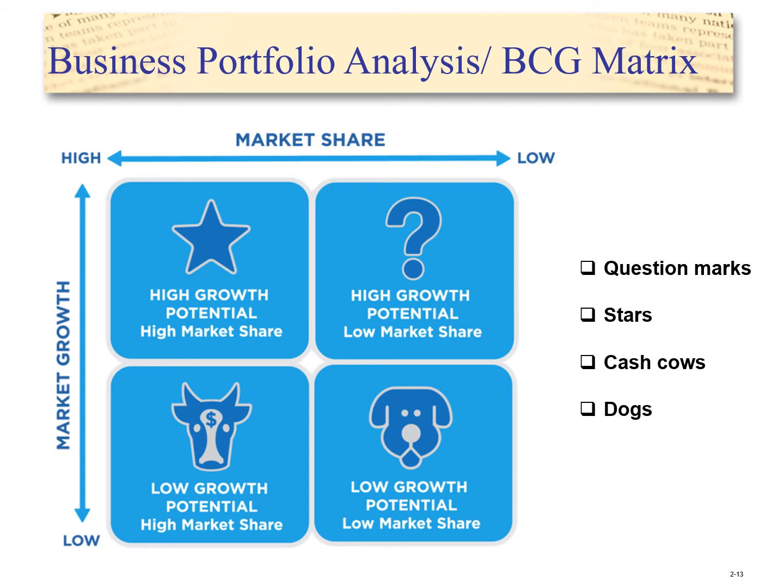Next, when you go to dogs in that quadrant, you basically do not do anything. You either just stay there without investing any money, or you get rid of those products because you're only spending money on it, yet you're not getting anything back in return. And we're going to talk about these again in a few other chapters. So that's the BCG matrix, or business portfolio analysis, starting from question marks, stars, cash cows, and dogs.